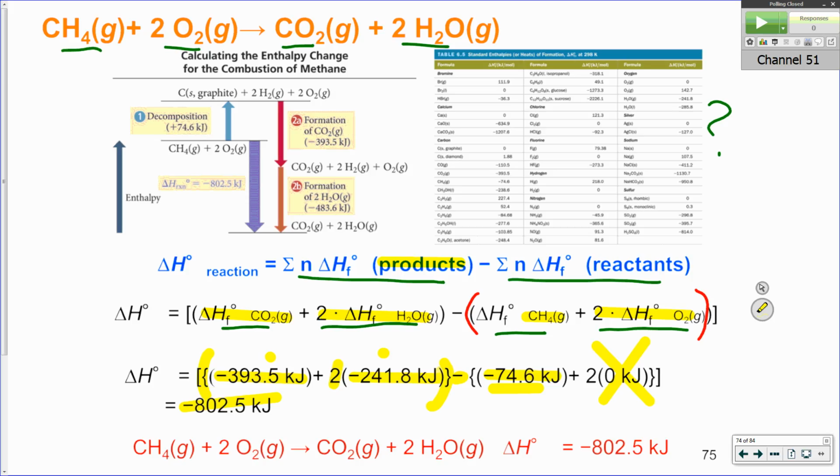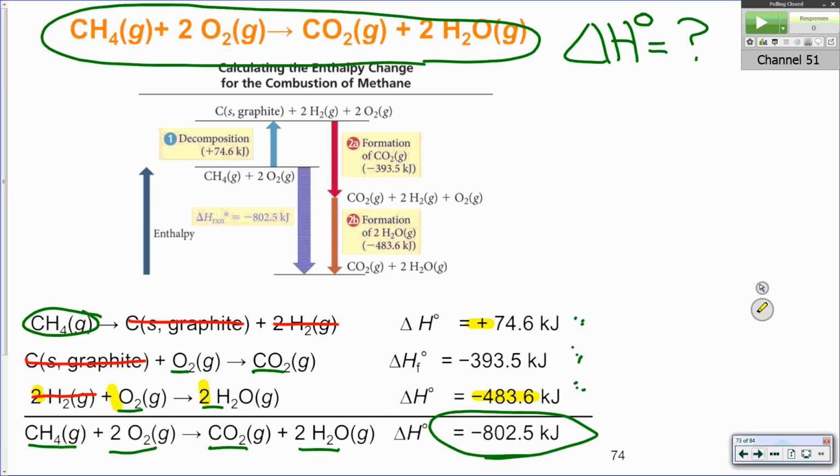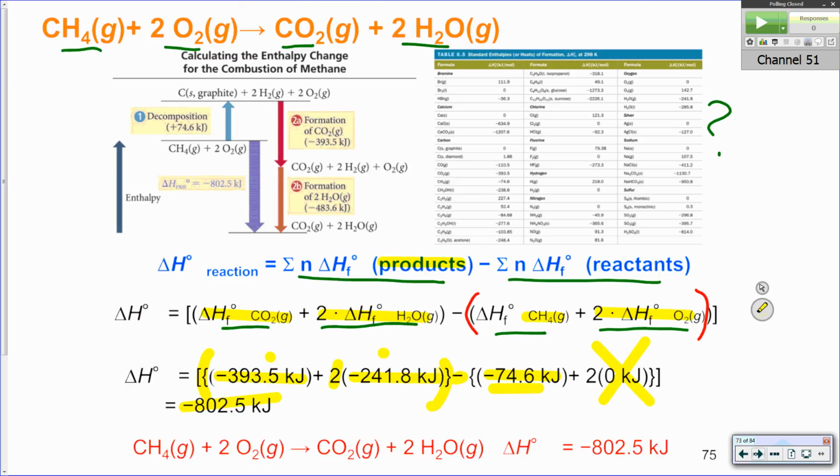I think this is a whole lot easier than all the stuff that you had to do to get this, switch them around, add that together. You can do either. They're using the same information. You're using the information that comes from this table. Hess's law is a great shortcut to use. It's just the summation of the change in formation from the products minus that of the reactants.